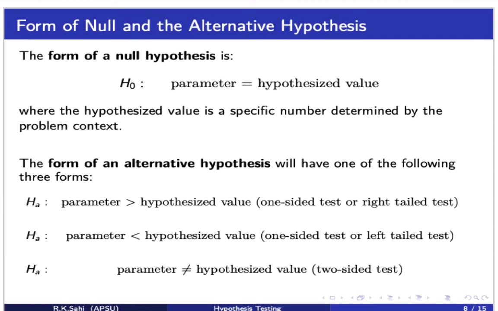So here is the proper form of a null and alternative hypothesis. Remember, the null hypothesis is the status quo. It is assumed to be true. So when I write the null hypothesis, H sub 0, it's a parameter equals a hypothesized value.